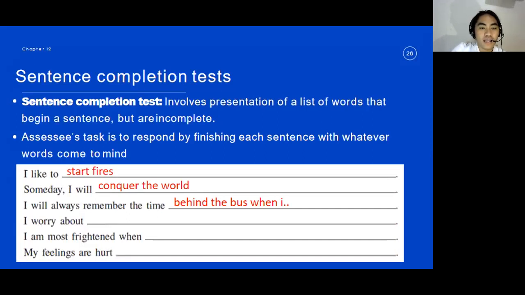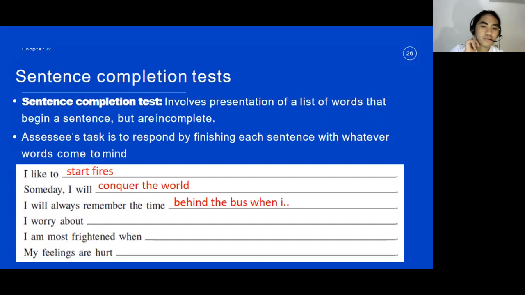Such as this: I like to start fires. Someday I will conquer the world. I can now start to see a pattern here, and there might be some issues. Let's go to the third one: I will always remember the time back from the bus stop when I. So this reveals something about the person.